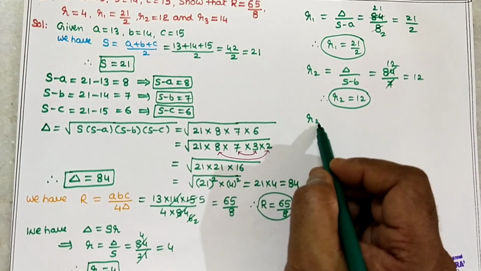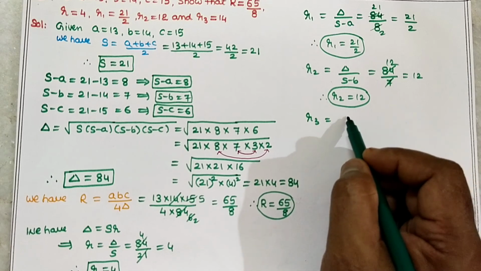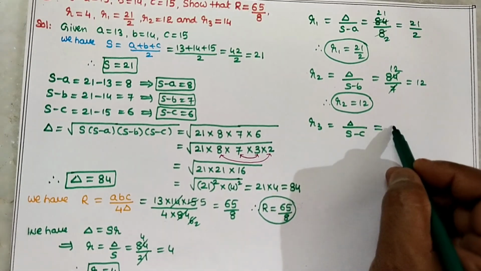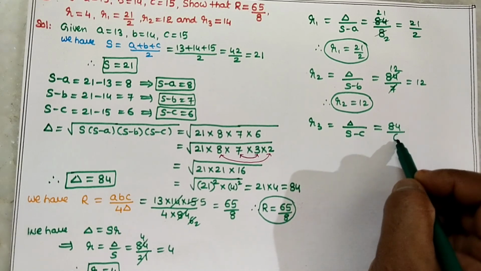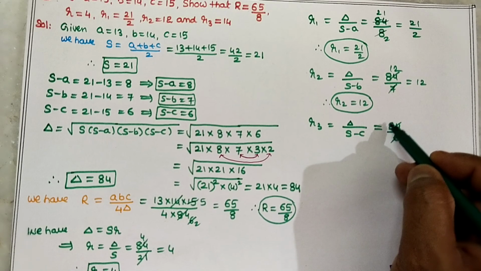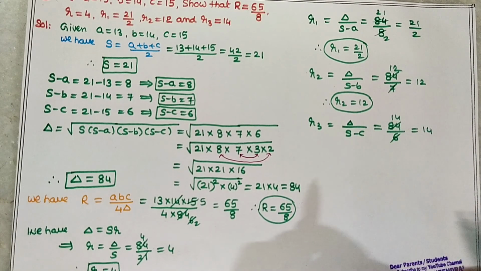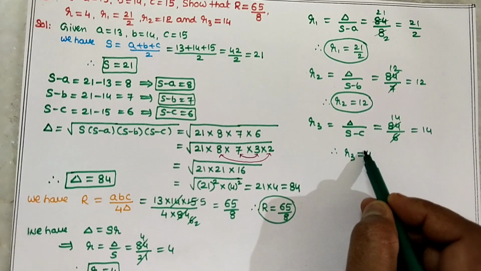Next, r3 is equal to delta by s minus c, 84 divided by s minus c value, which is 6. 6 ones are 6, 14. 14 6s are 84. So which is equal to 14. Therefore, r3 is equal to 14.